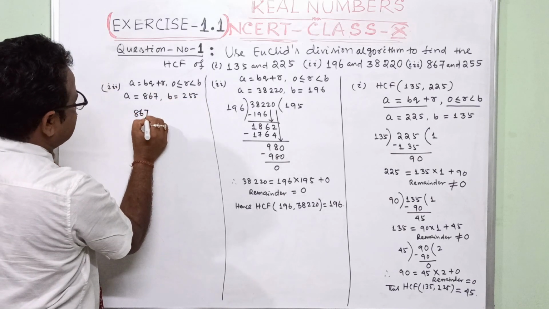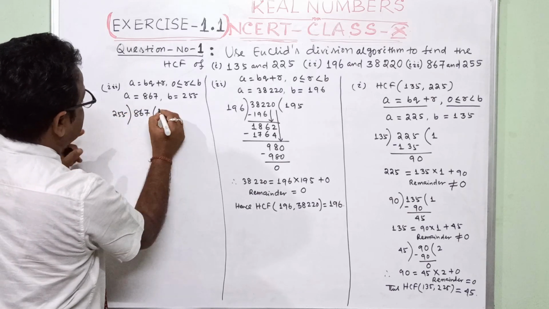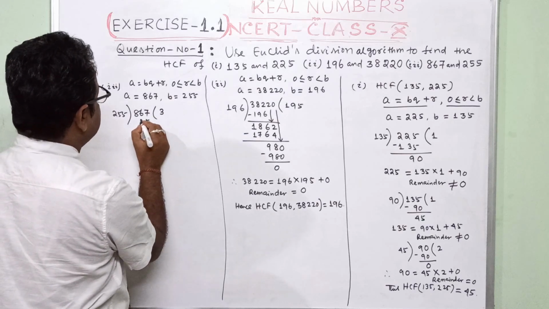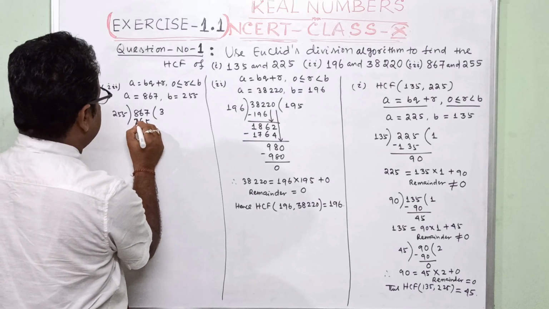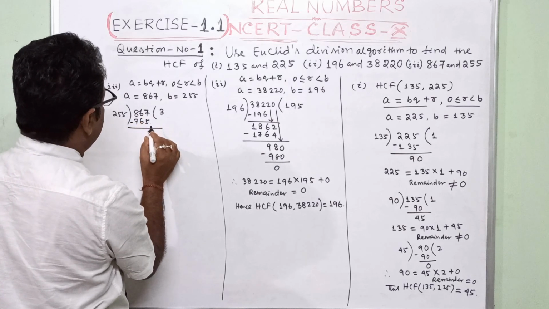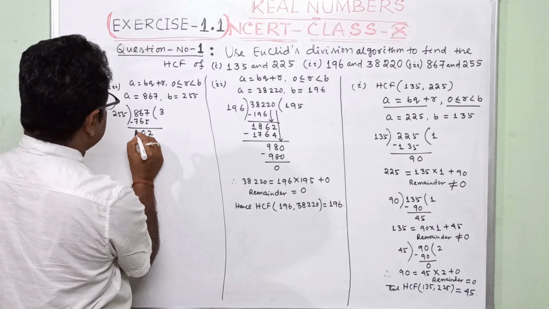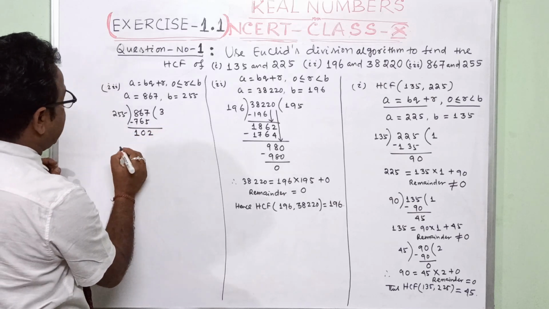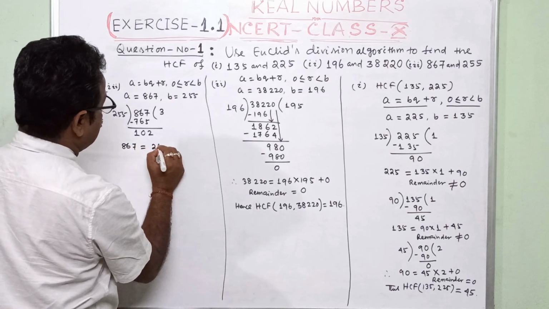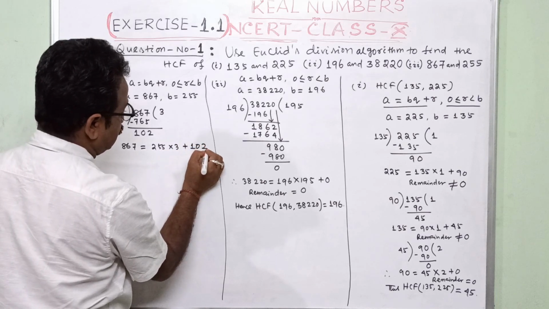Dividing 867 by 255, the quotient is 3 and the remainder is 102. Now we can write 867 = 255 × 3 + 102.